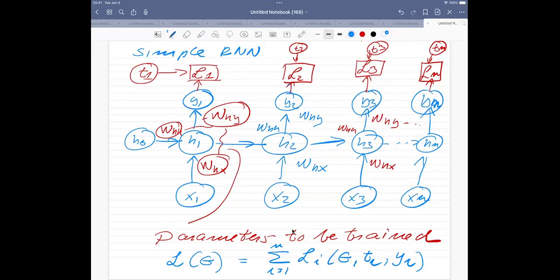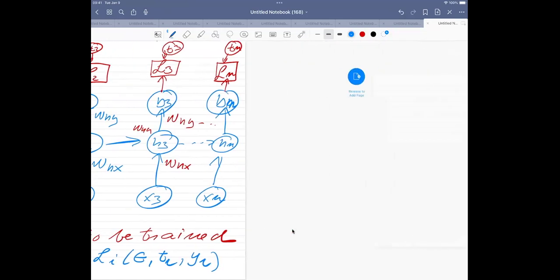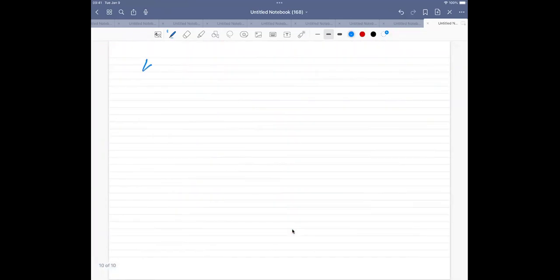So let me just write down the equations, and then we are going to look at further examples, and hopefully it will be easier to visualize what is going on here. So if you now think of a given h of i, that will be given by an output for the hidden layer, which has some activation function, sigma.